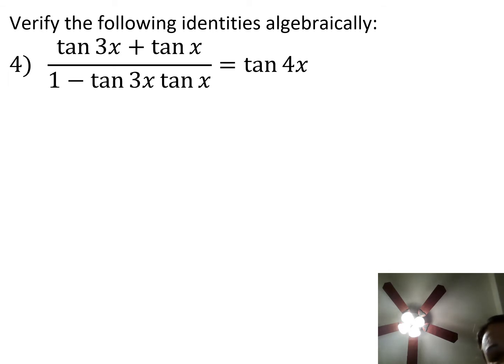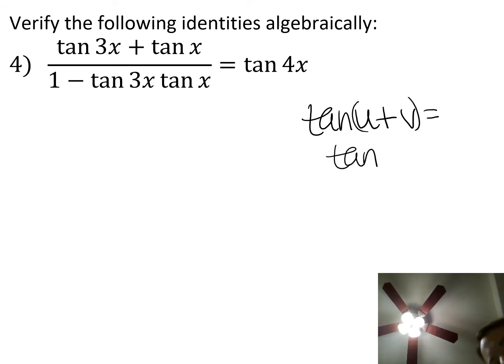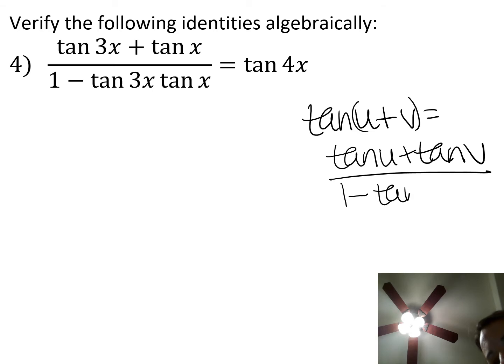So on this next one, we're verifying an identity. So I can see on the left-hand side that this is an angle sum theorem. So be careful with that. Definitely look for it. I can see that there is an identity on my identity sheet that says tangent of u plus v is equal to tangent u plus tangent v over 1 minus tangent u tangent v.